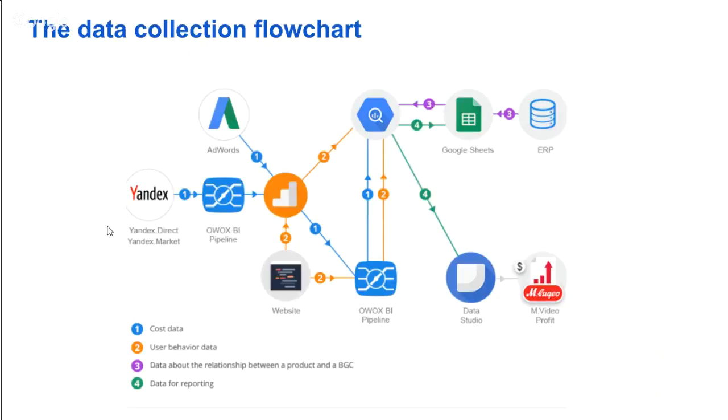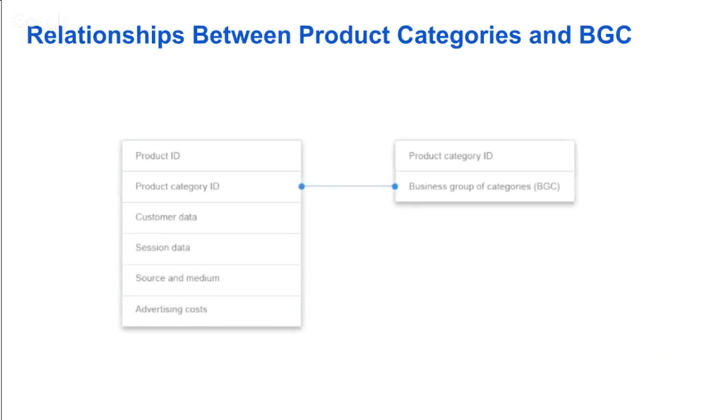We sent data from ad channels and from the website, and the information about business group of categories was stored in the ERP system, sent into Google Sheets, and then downloaded into Google BigQuery. That's how the relation between product categories and business group of categories looks.